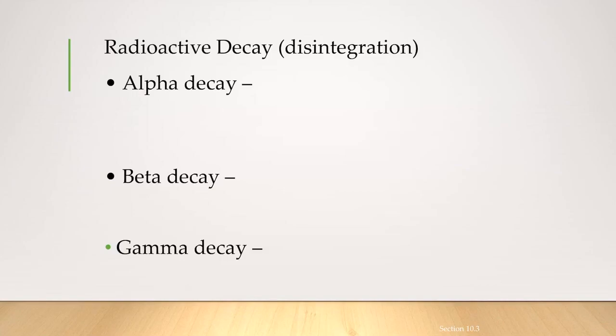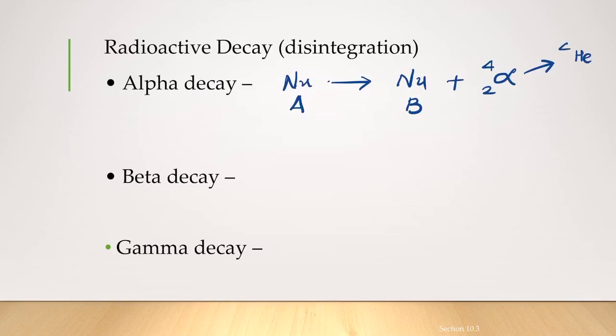Alpha decay is where a nucleus is converted into another nucleus. Let's say this is nucleus A. It is converted into nucleus B with the emission of an alpha particle. An alpha particle has a weight comparable to a helium nucleus. Beta decay is when a nucleus is converted into another nucleus with the emission of beta particles.